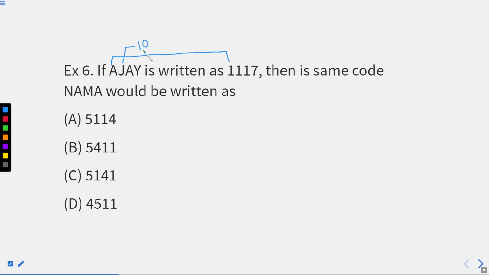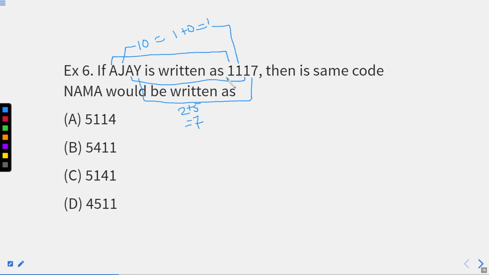So what you will do is add both the numbers, that is 1 plus 0, and eventually you will get 1. So this is how it is related. Again for A, it is 1. Again for Y, Y stands for 25. Just add them, you'll get 7, right?